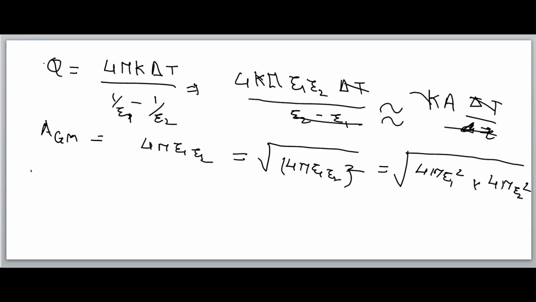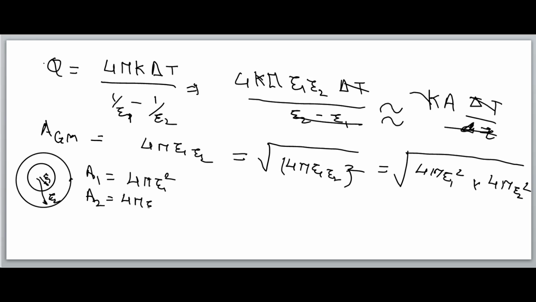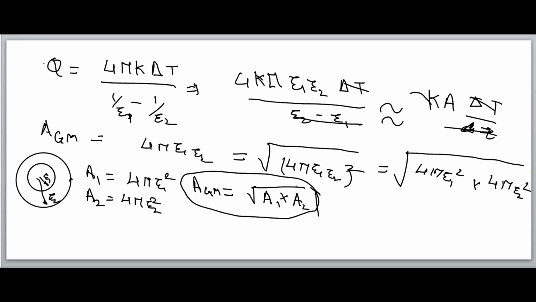For a hollow sphere of inner radius R1 and outer radius R2, we know the area of the inner surface A1 will be equals to 4 pi R1 square. Similarly, A2 will be equals to 4 pi R2 square. Substituting these values, we will get A GM will be equals to square root of A1 into A2.